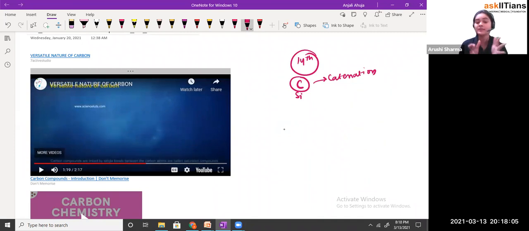See students, the carbon-carbon bond is very stable. Sometimes you can say they are not stable because it is a covalent compound. But when they form a long carbon chain, or a cyclic structure, or a giant molecule, at that point they become very stable in nature.